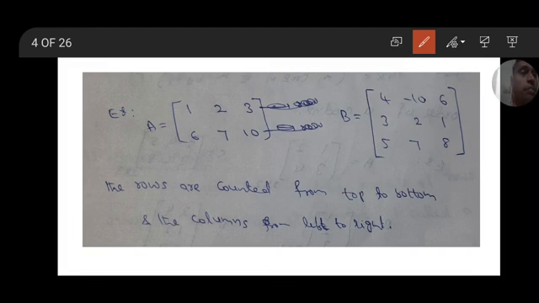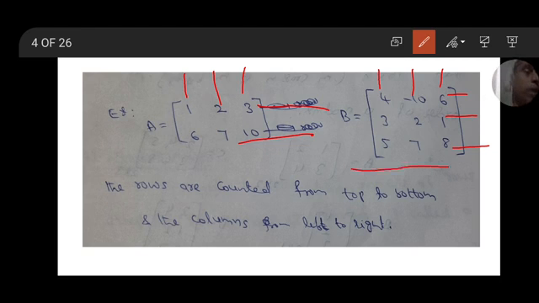Rows are counted from top to bottom: first row, second row, third row. And columns are counted from left to right: first column, second column, third column. In the first matrix A, we have 2 rows and 3 columns.